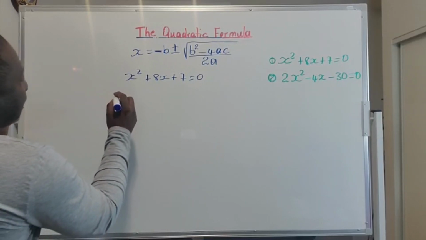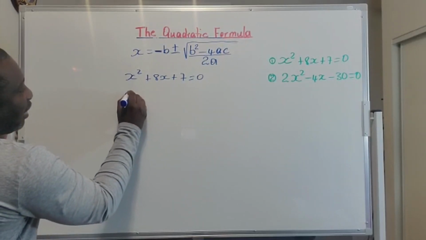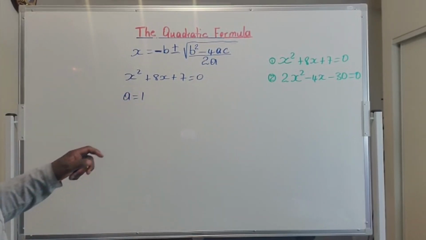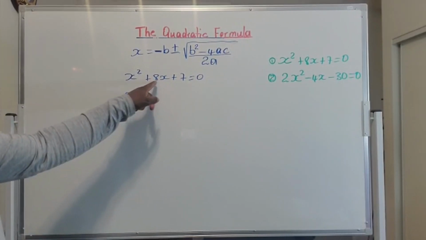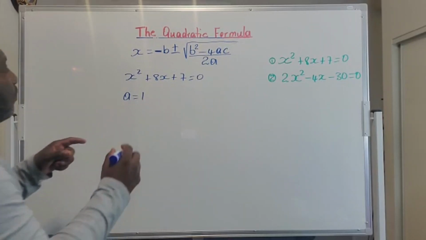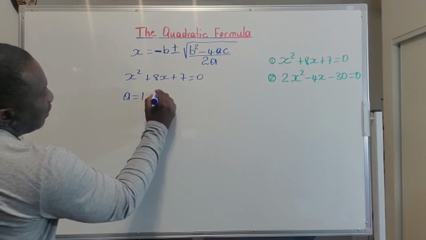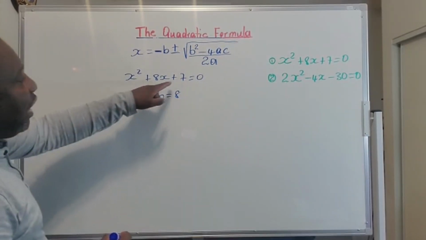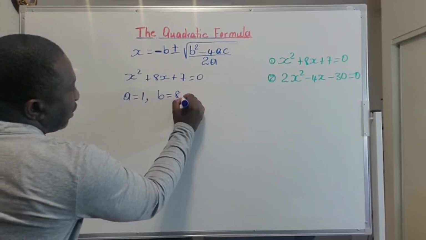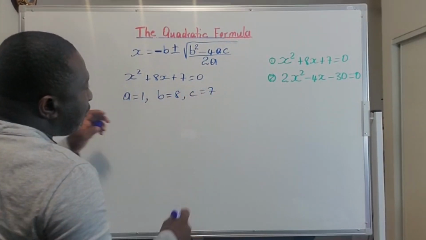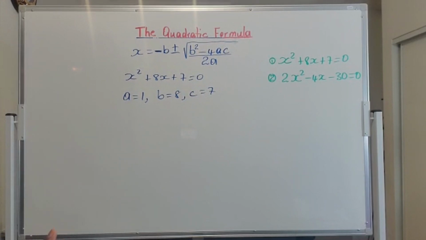So in this case, a is equal to 1. So we are taking the coefficient that is paired with x. In this case, b is equal to 8 and c is equal to the numeric value of 7.